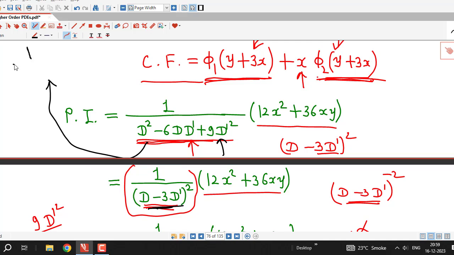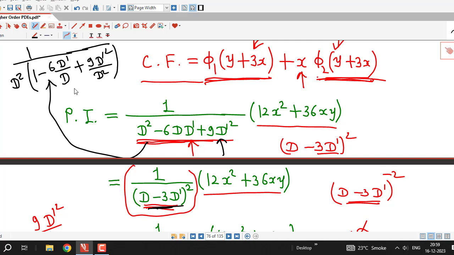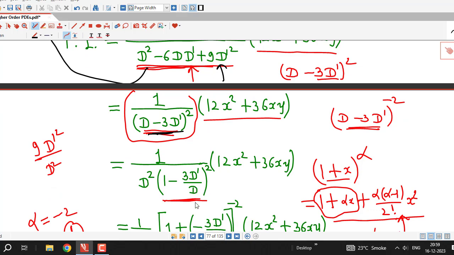Otherwise we can rewrite this by taking d square common, and 1 minus 6 d dash by d plus 9 d dash square by d square, and here also I can write this as 1 plus something, so that 1 plus something is going to consider two terms here, and here you can see we have 1 minus only one term, 3 d dash by d.